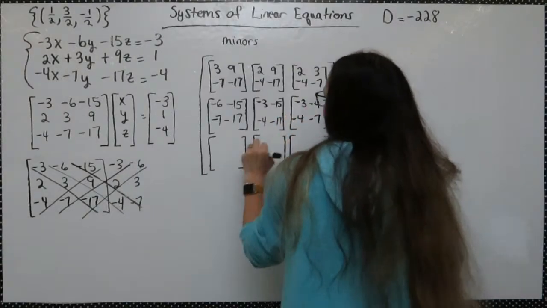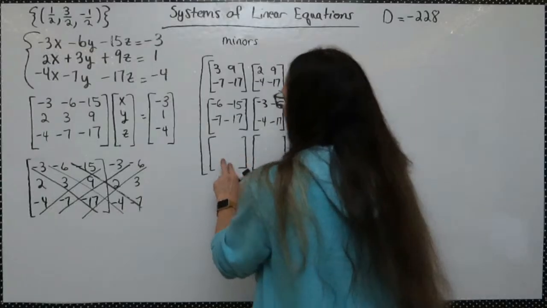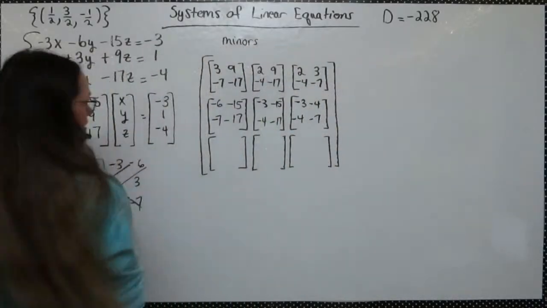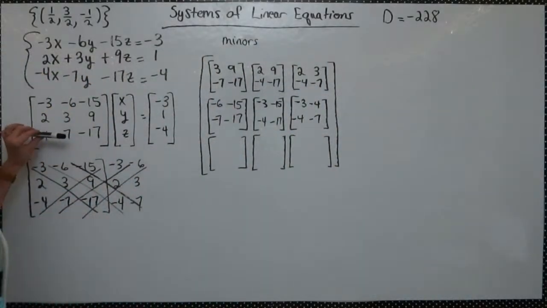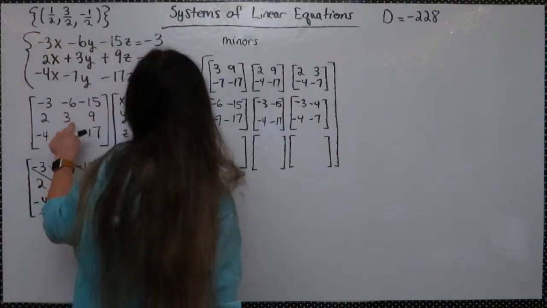And it's important to have certain checks in place. So when I finish finding these submatrices, the minor matrices, I will go back and make sure I don't have any duplicates. So -6, -15, 3, and 9.